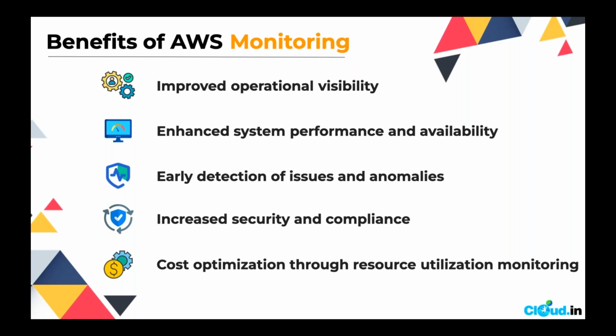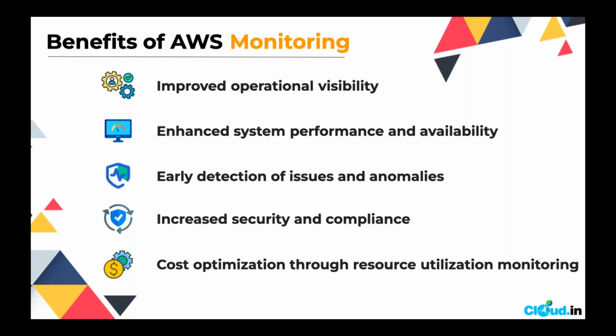AWS monitoring provides real-time insights into the performance and health of your cloud resources and applications. AWS monitoring tools like Amazon CloudWatch help you to keep an eye on how your cloud resources and apps are doing. You get to know important things like how much your servers are working, if there are any problems, and what's happening with your data.